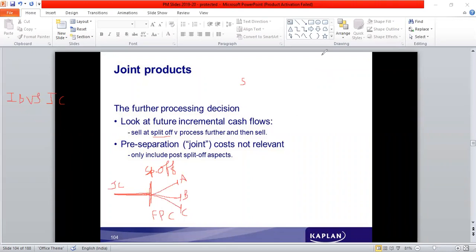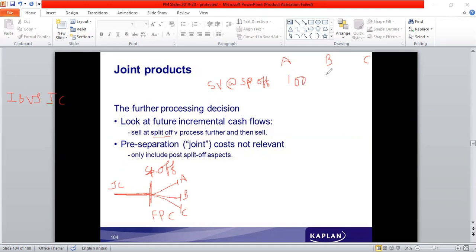Let's say for these three products, A, B, and C, let's take an example with some imaginary figures. Sale value at split off point: this has a sale value of 100.